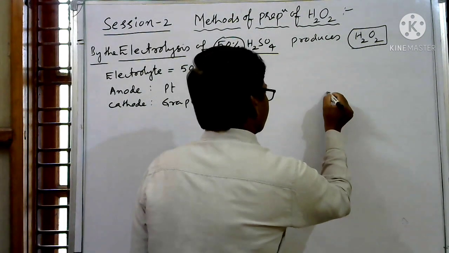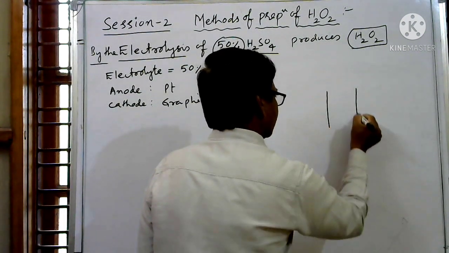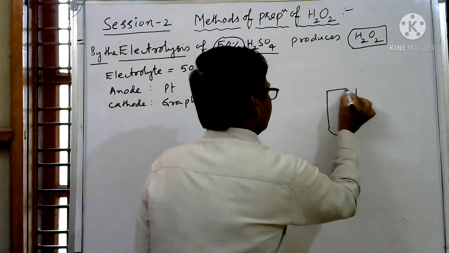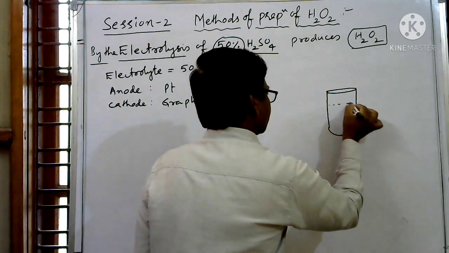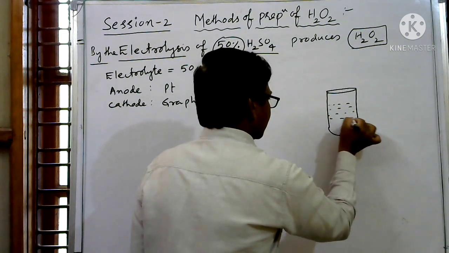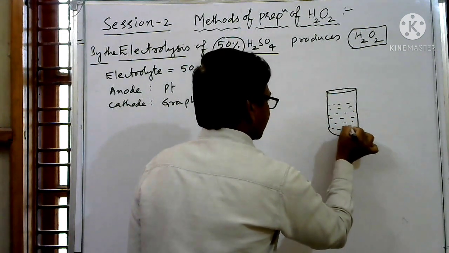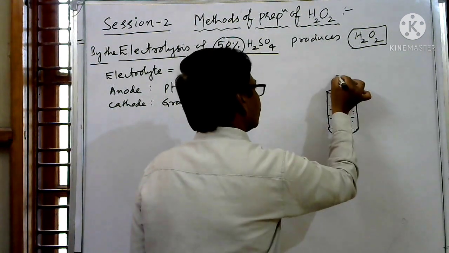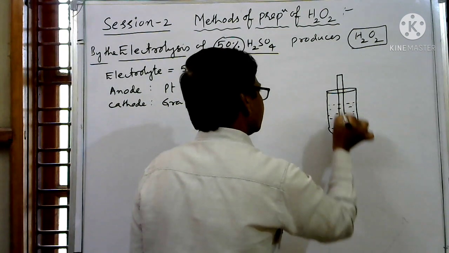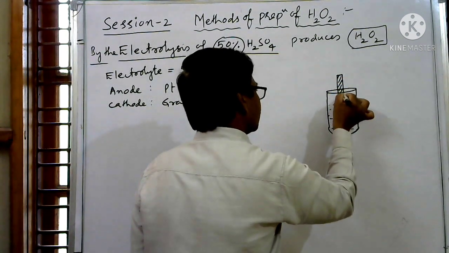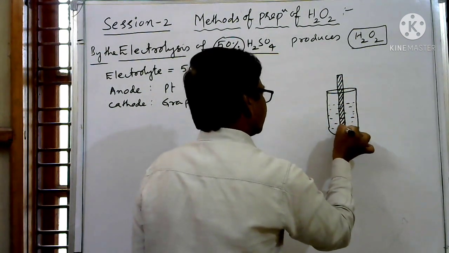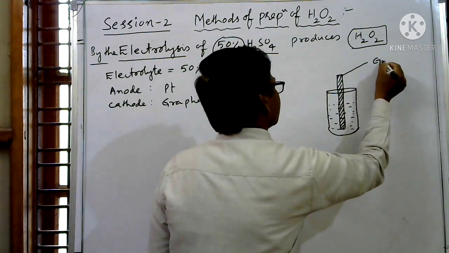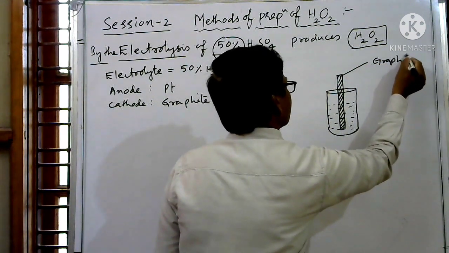I am taking one container like this. Here we should add sulfuric acid, which is the electrolyte. In this we should keep one electrode, that is the graphite electrode. Graphite is nothing but carbon only.